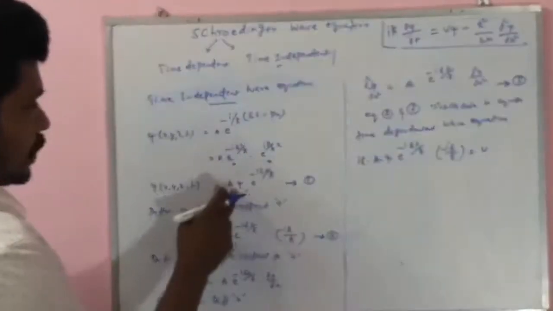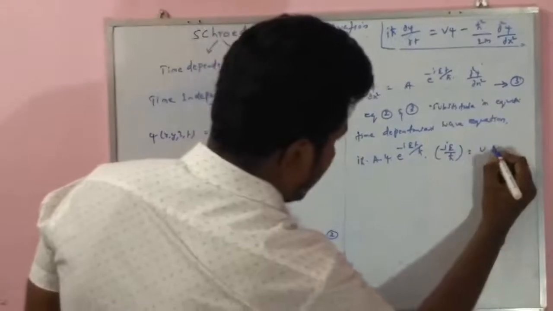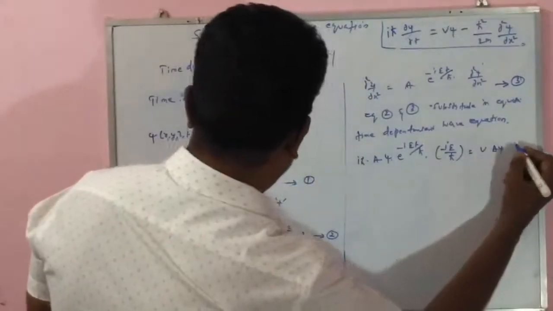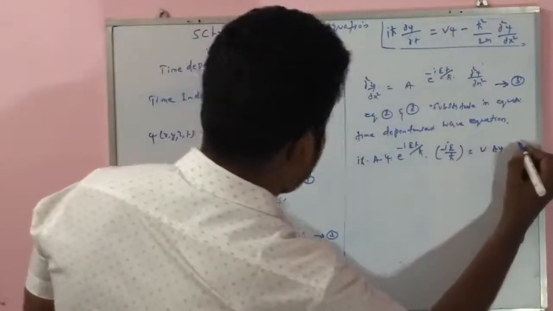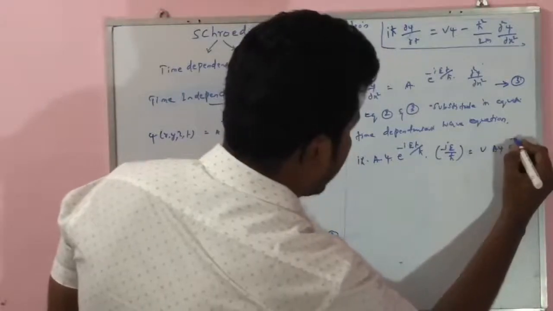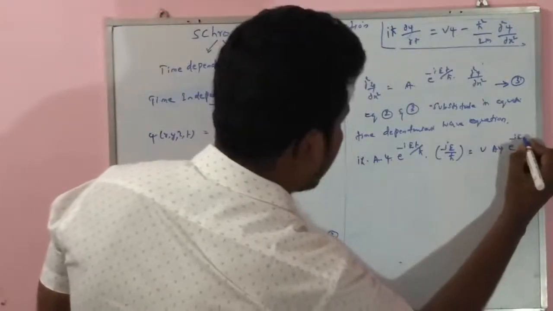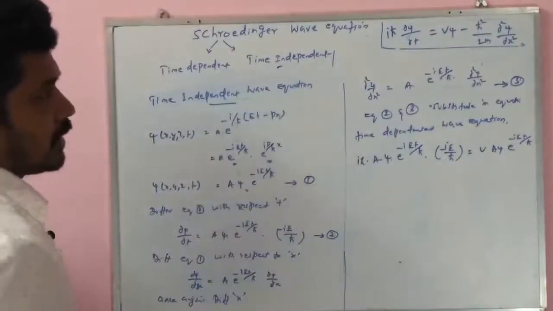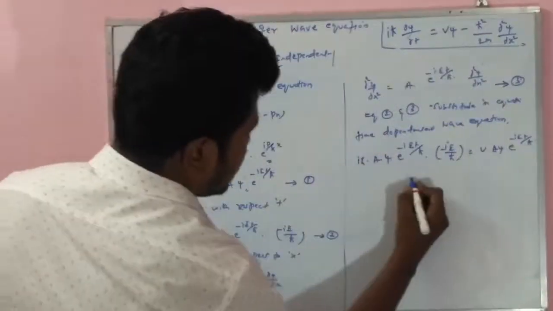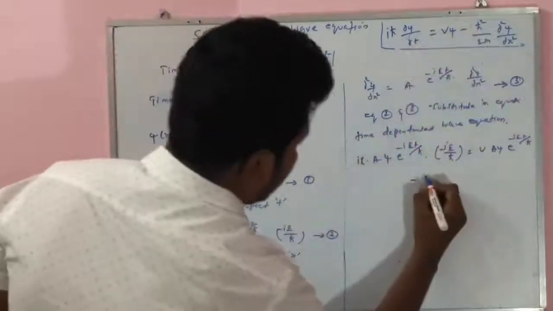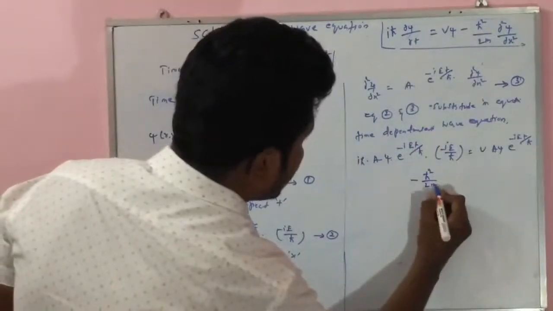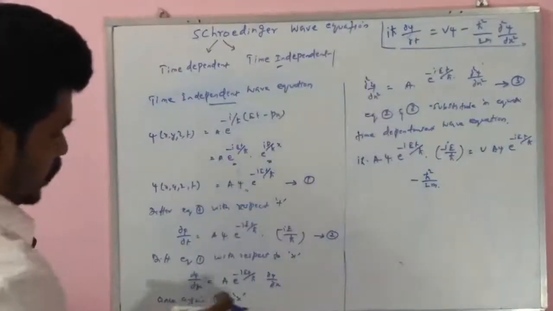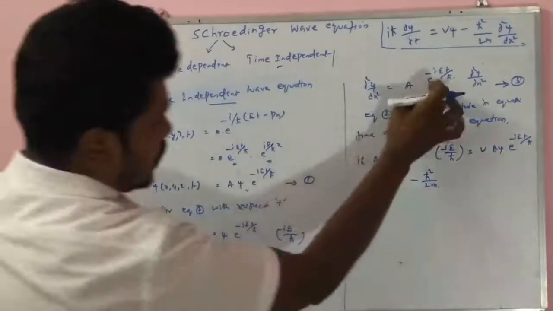That is equal to Vψ. The ψ value, we already know that Ψ is equal to A into ψ e^(-iEt/ħ), then minus ħ²/2m into ∂²ψ/∂x².